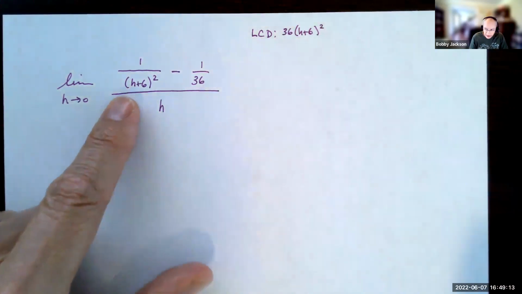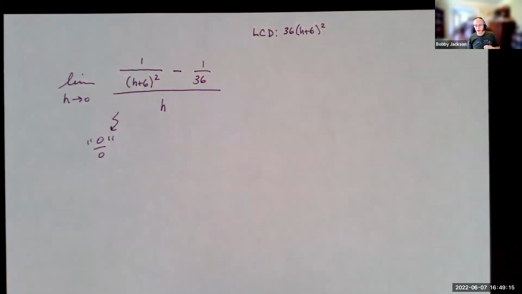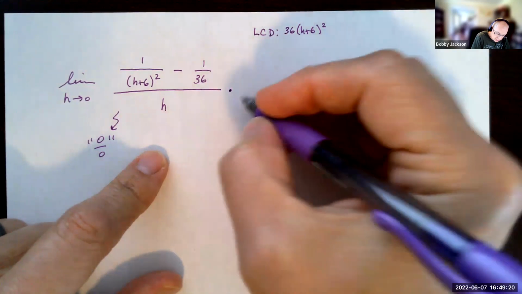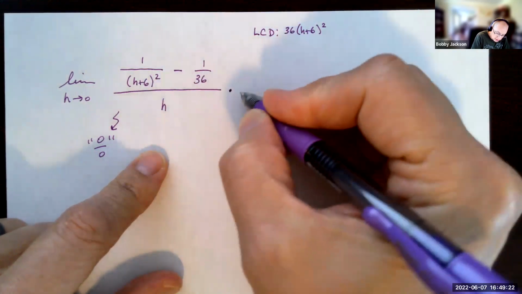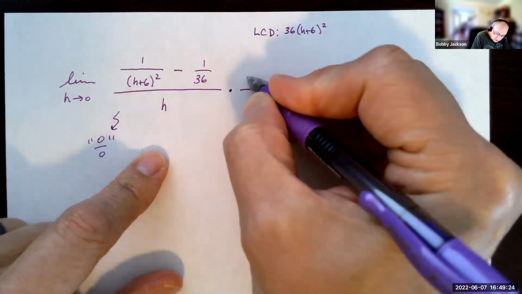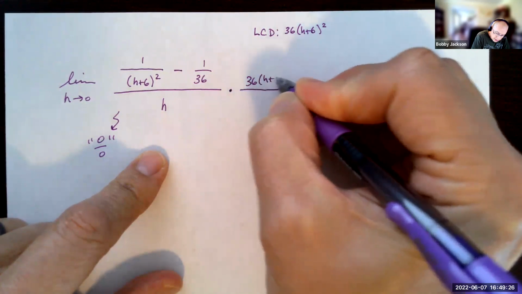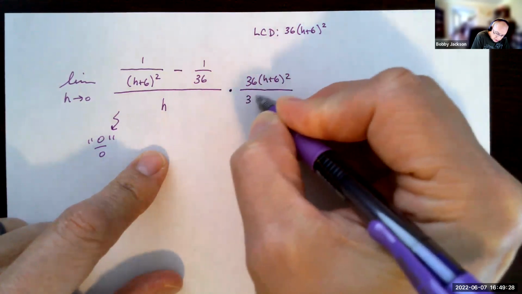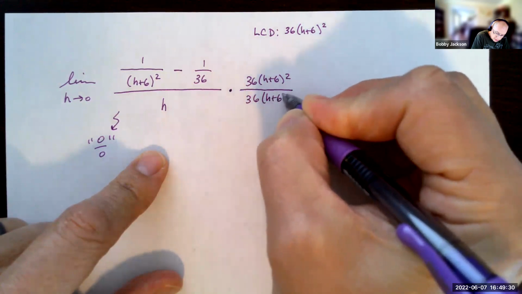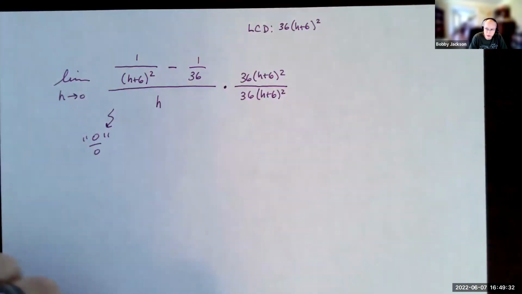They have no common factors, so we just multiply them together. And so to clear out these smaller fractions, I'm going to multiply the big fraction by 1 in the form of 36 times h plus 6 squared over 36 times h plus 6 squared, which of course is equal to 1.